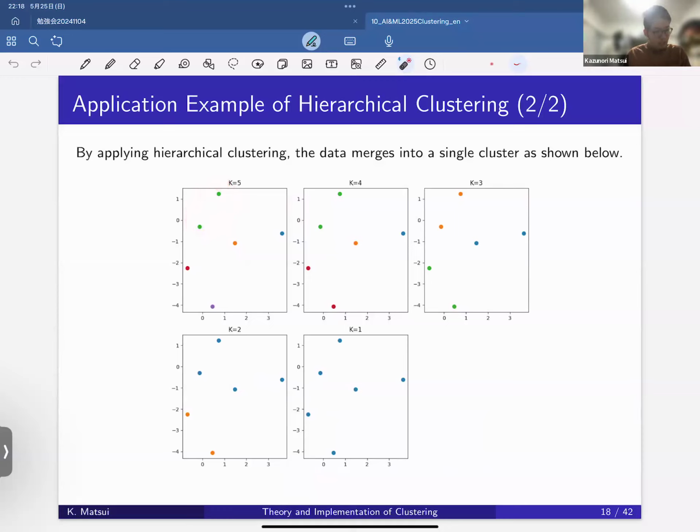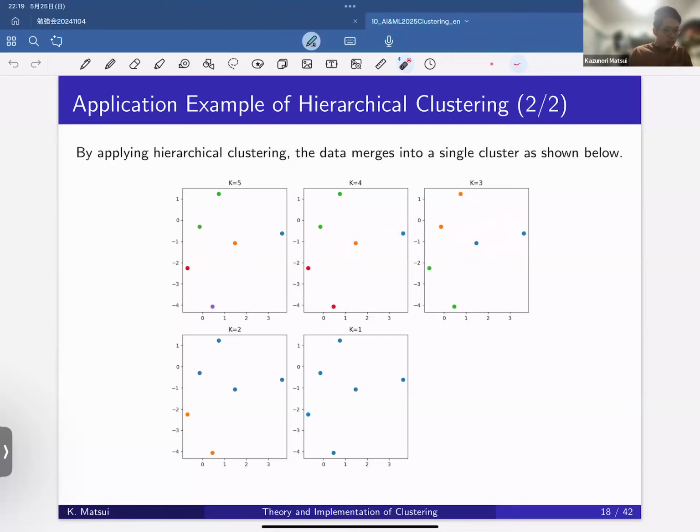In the next step, if the red and the purple here are judged to be close, we combine them into one cluster, like this. And finally, there are only these two, so this becomes one cluster. This is a method where clusters gradually come together step by step.